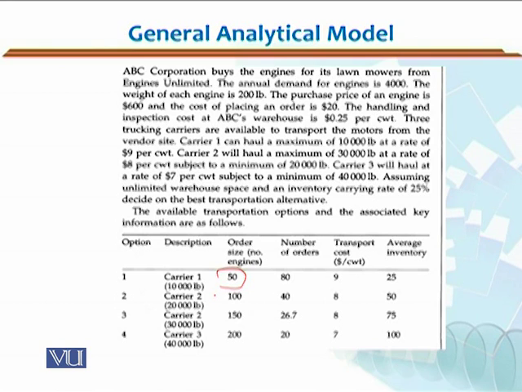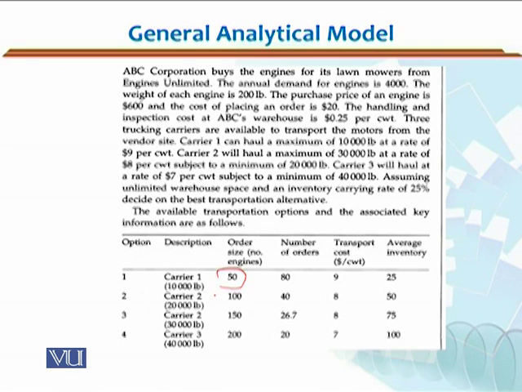Average inventory would be 25. Why? Average inventory is simply 1/2 Q. So if the order size is 50, your average inventory would be 25. Then for Carrier 2, 20,000 lb. So to fulfill 20,000 lb, if one engine weighs 200 lb, the order size should be 100.